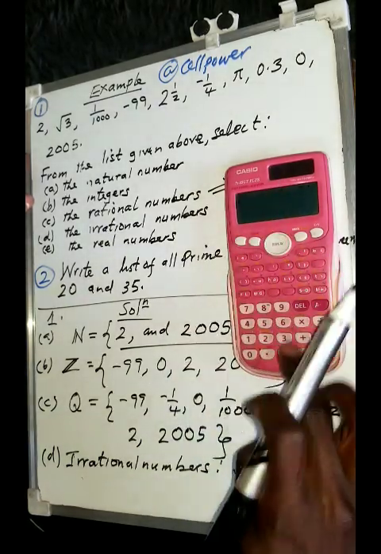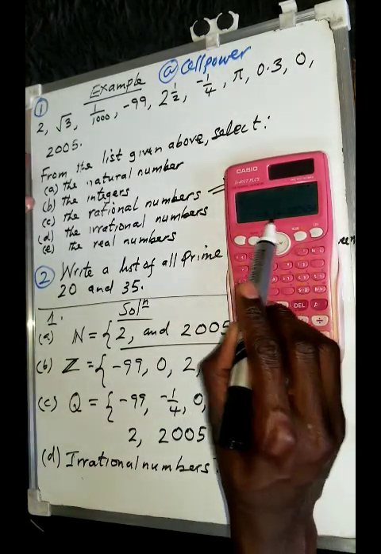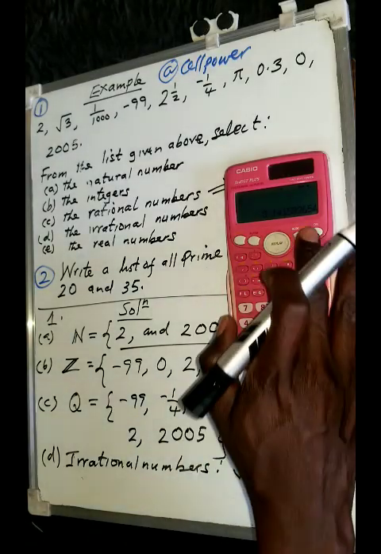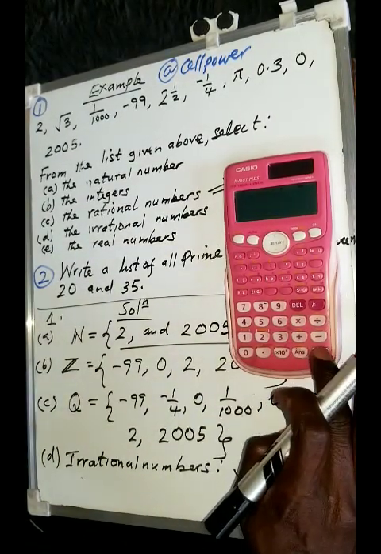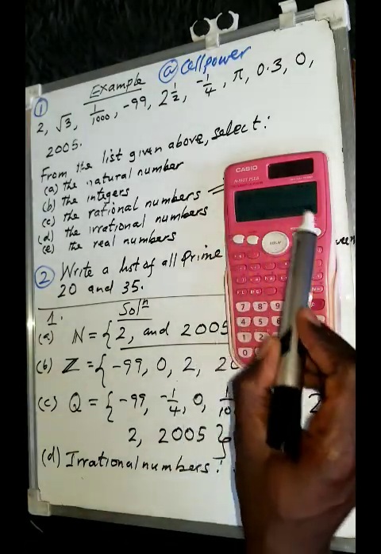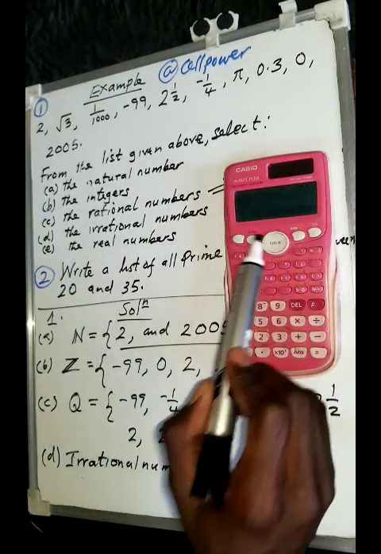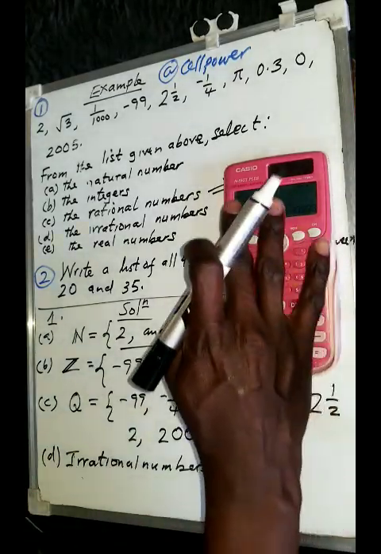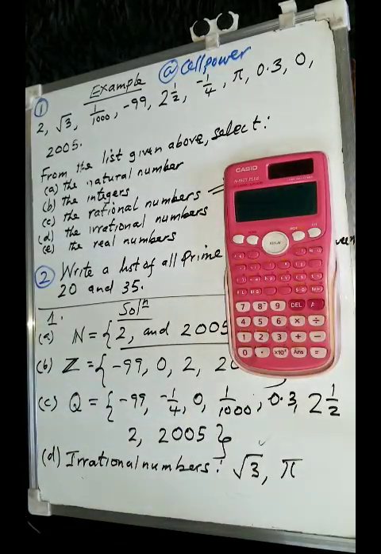Pi, again, like I demonstrated, has no repeating pattern after the decimal point. Remember, 1 divided by 3, the 3 keeps on repeating itself. So this is recurring, so this is not an irrational number. It is a rational number, 1 over 3. So that is what you need to remember.